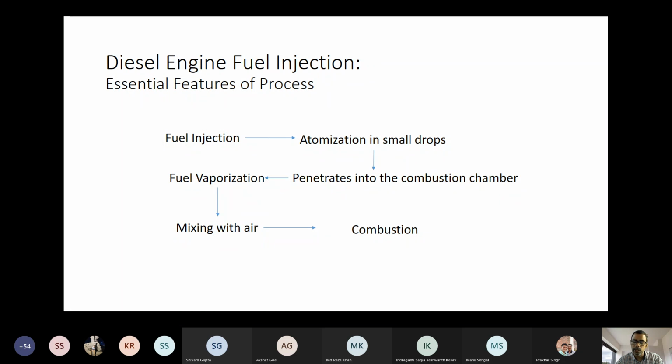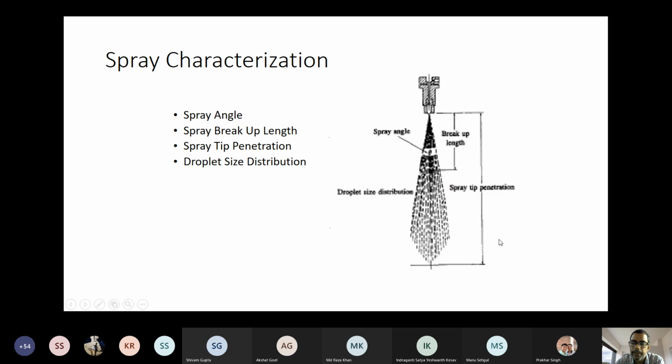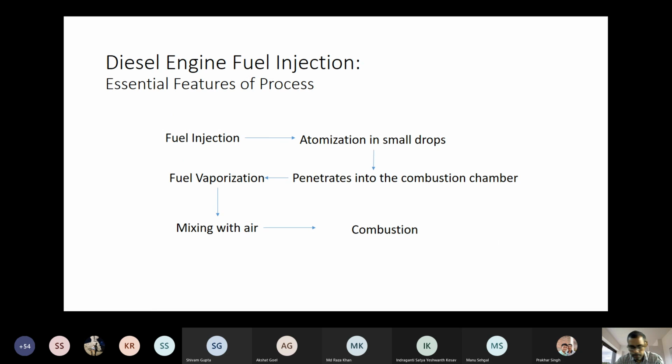Your accelerator directly controls the quantity of fuel to be injected, and the fuel is injected directly inside the combustion chamber towards the end of the compression stroke at very high pressure. These are some of the things we have already studied previously.